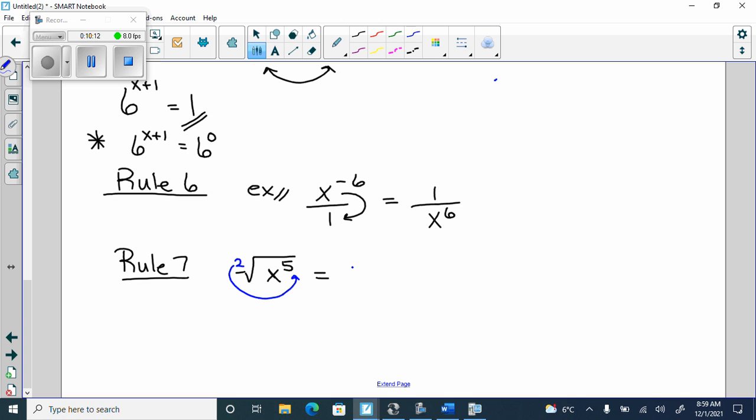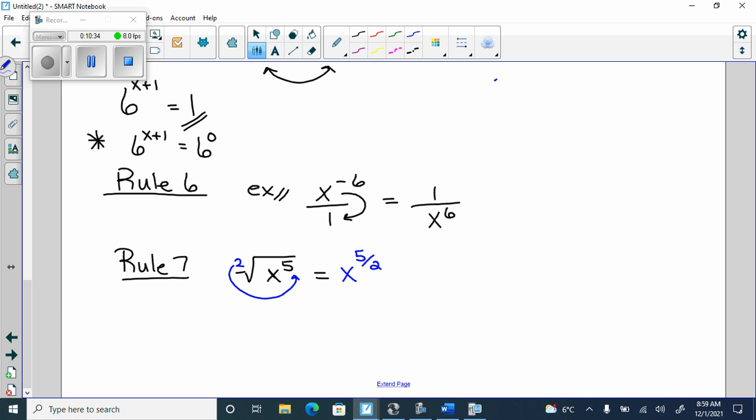So this actually is x to the 5 divided by 2. Yeah, you're very close. So all you do is you take that number in front and drop it underneath the exponent. This was a whole day's lesson in grade 10, just so you know. That was it. That's it.